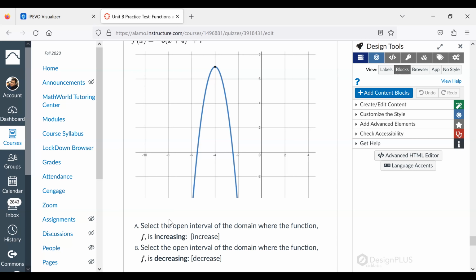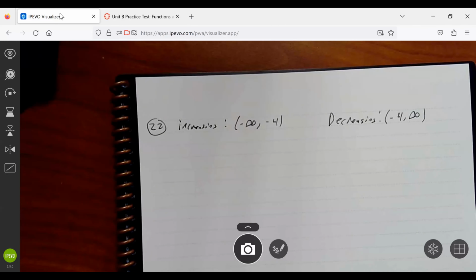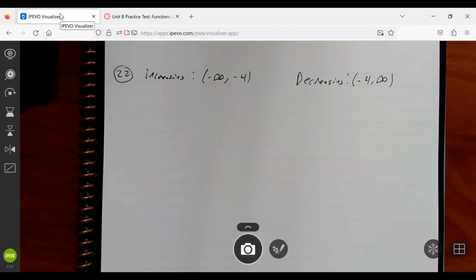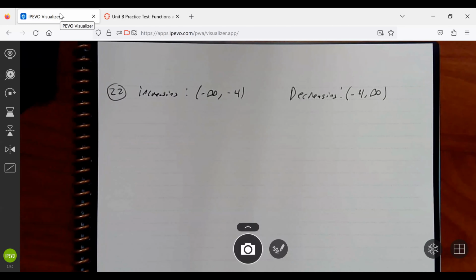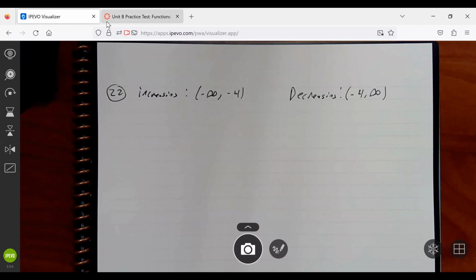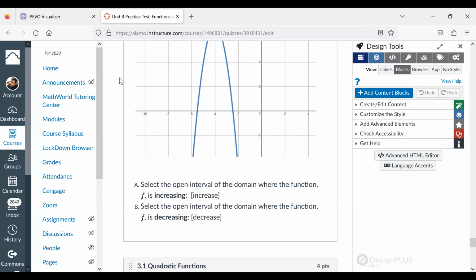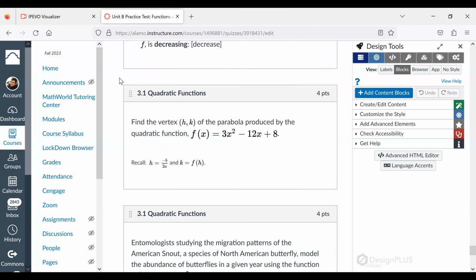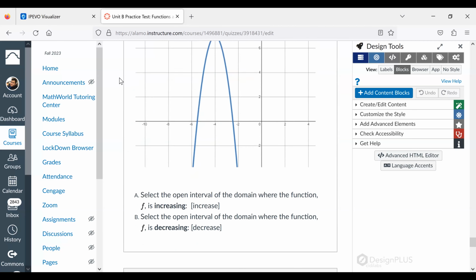From negative 4 to infinity. Yeah, that's it. Okay. That's all they asked. Oh well, cool. Any questions on 22?